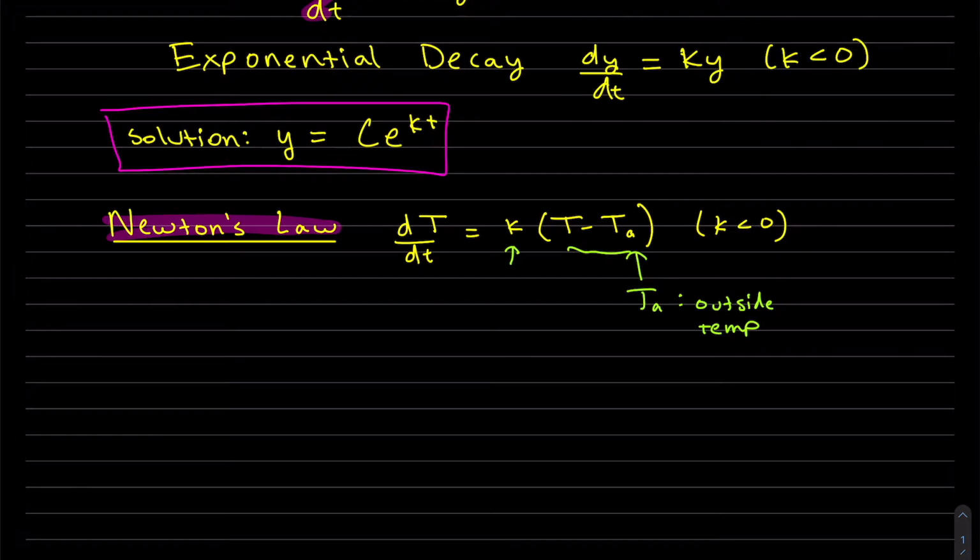Our second formula is Newton's law. Basically, you can read what it says: the rate of change of the temperature with respect to time is proportional to the difference between the temperature and the outside air temperature, where T_A is the outside temperature.